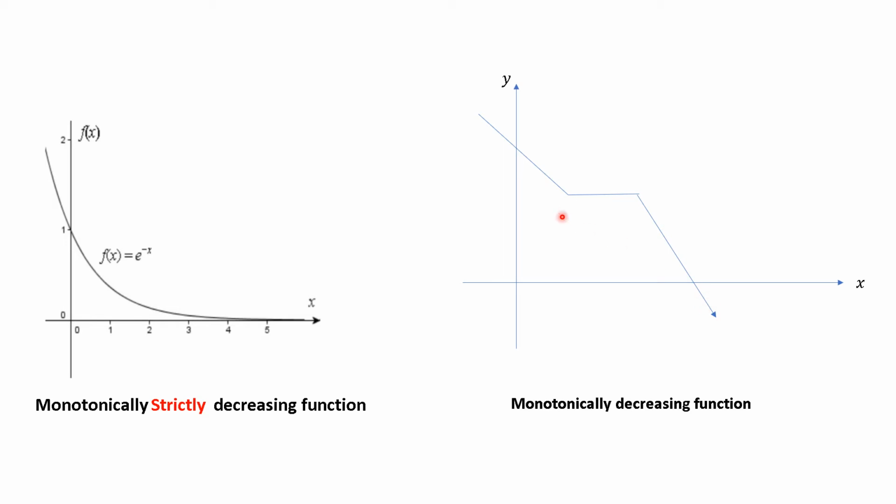In this interval, the function is not increasing but it is stable. So we call this function just decreasing, not strictly decreasing. Just see the graph of these two. Okay, this one is strictly decreasing and this one is a decreasing function.